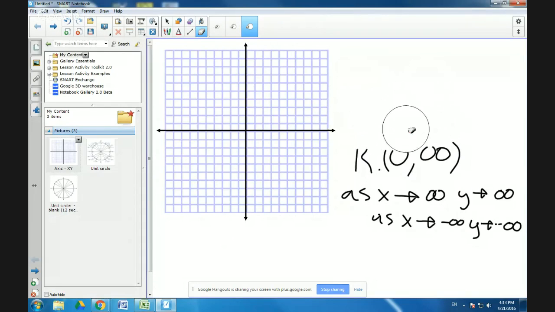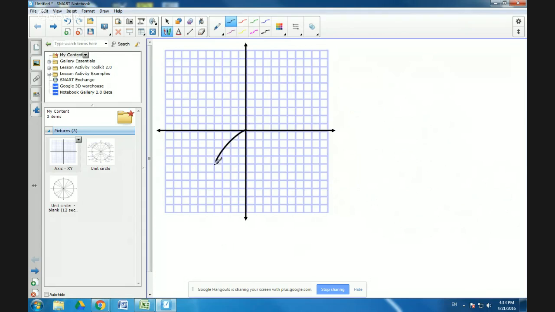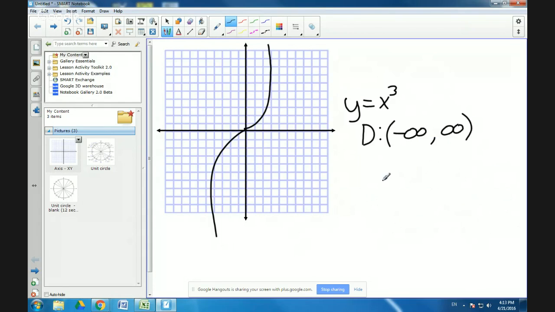The next graph we'll be showing is the cubic, and it looks like this. The cubic represented here, roughly, is y equals x cubed. The domain for this is negative infinity all the way to infinity. You can see it goes this way all the way, and that way all the way.